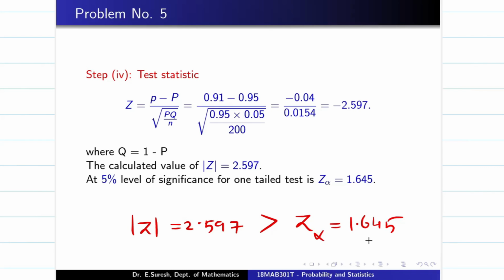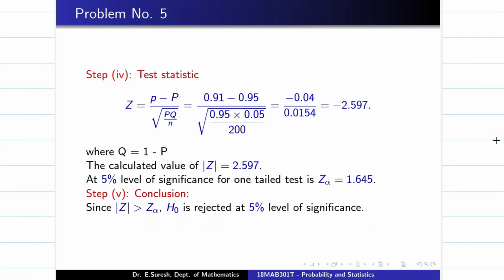That means I have to reject H0. Right? So H0 is rejected. So what I am claiming is correct. The company products may not be meeting the 95% perfection level. So they are cheating me.